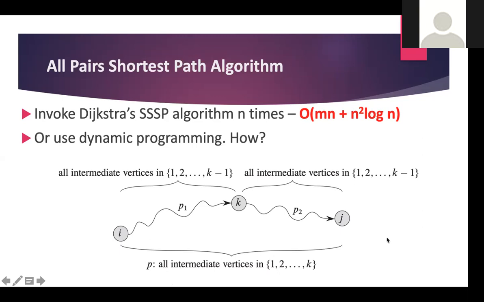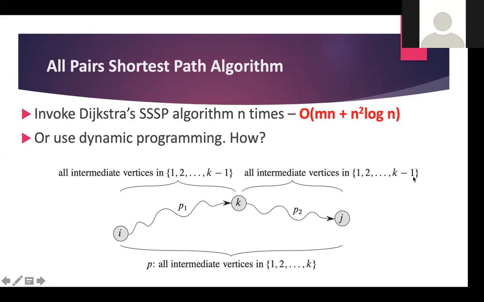However, when you start to think about this, and when you actually look at the algorithm, there are really two possibilities for the path. One is that the shortest path goes through the vertex k, or it's possible that it doesn't go through the vertex k. If it doesn't go through the vertex k, then clearly all the intermediate vertices are only going to be in the range 1 through k minus 1. On the other hand, even if it does go through k, you can break it up into two paths where each of these subpaths only use intermediate vertices from the set 1 through k minus 1.